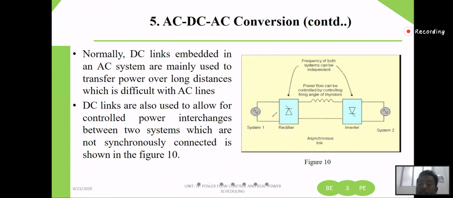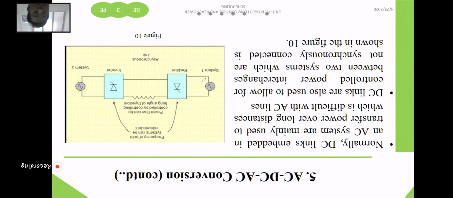Generation will always be AC, except for photovoltaic and others. So we have to convert AC to DC using a power electronics device. Again, at the load side, we require AC, and this device is known as an inverter. When you convert from AC to DC, it is known as a rectifier.